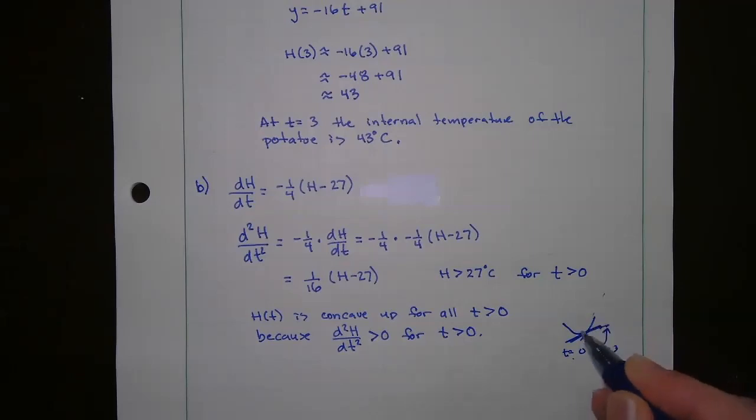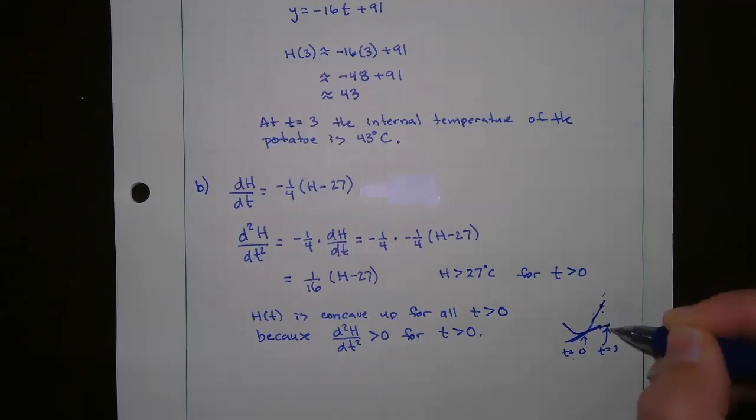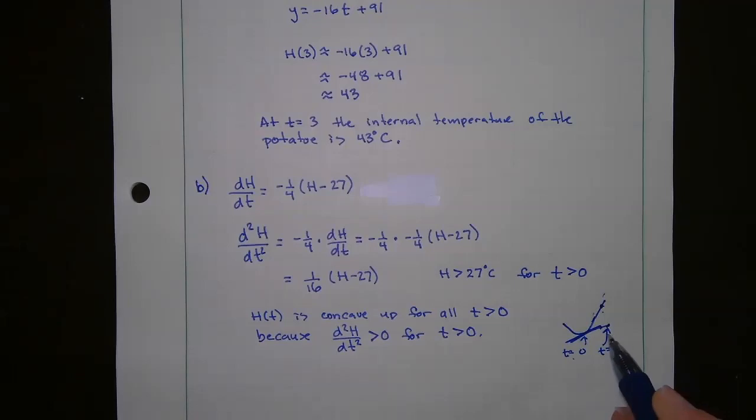But since we know it's between what the actual value is, which would be right here, and the estimate that we did with the tangent line, right? So because it's concave up, I know the actual is more, right? So that would mean our estimate in part A is an underestimate, okay? We've seen this a few times now, right?